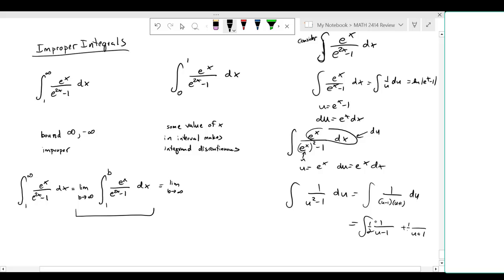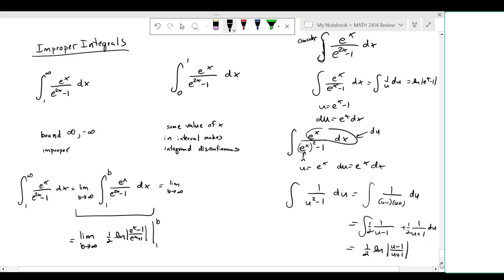I'm not going to make you go through the partial fractions, but here it is. That's why you guys didn't know what I was talking about previously. All right, so you get 1/2 log of u minus 1. U is really e to the x. Okay, so we found the antiderivative.